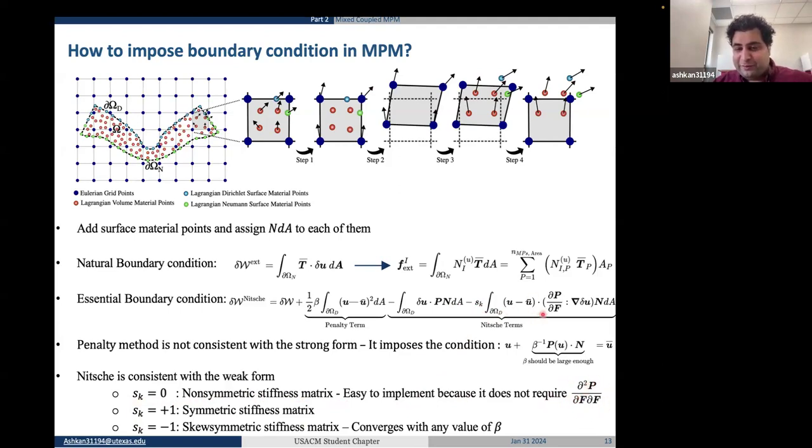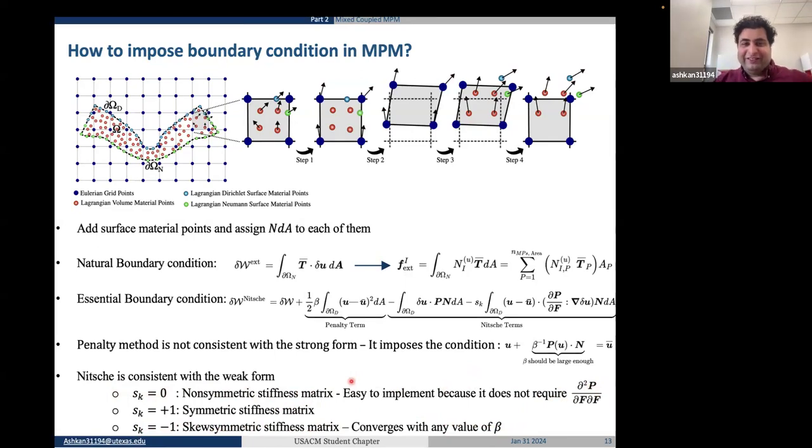This is because if you want to solve it using Newton iterations, you need to calculate the derivative of this term, which is something like this. If you use s_k equal +1, it's a symmetric stiffness matrix, but it requires a lot of computations. If you use s_k equals -1, it's a skew-symmetric stiffness matrix, but it converges with any value of beta, which is very good. We used just this case in our Nitsche formulation.